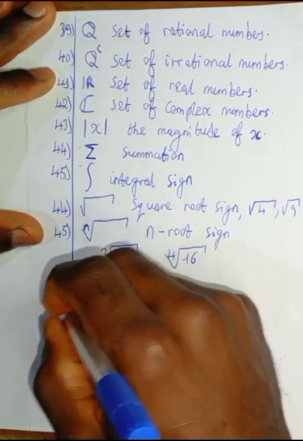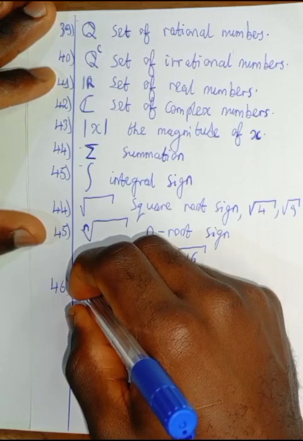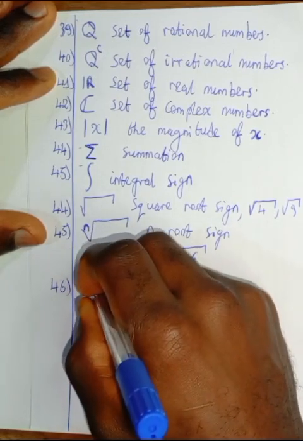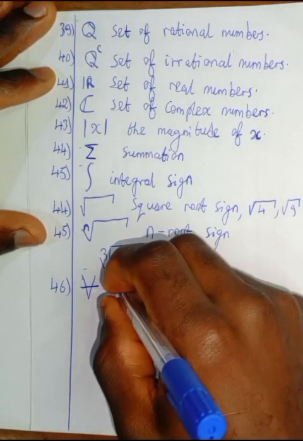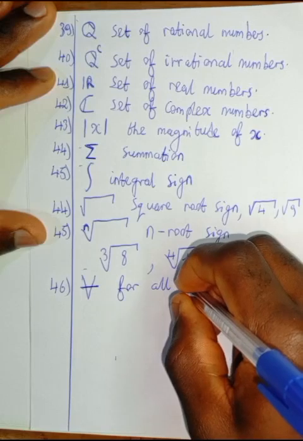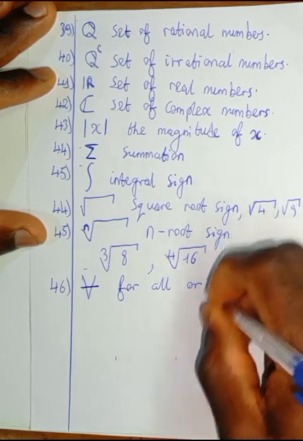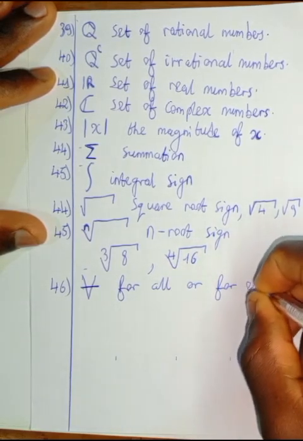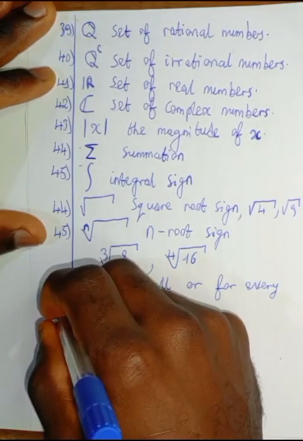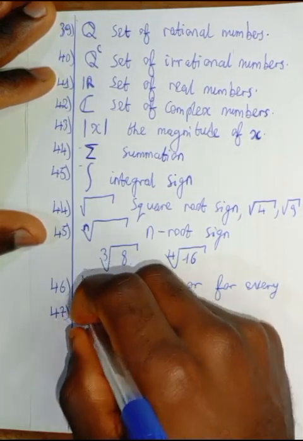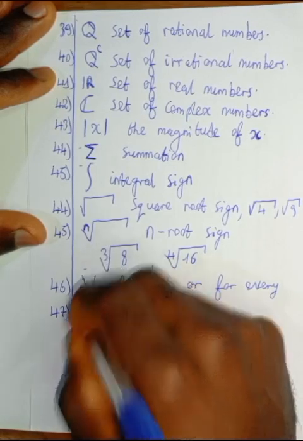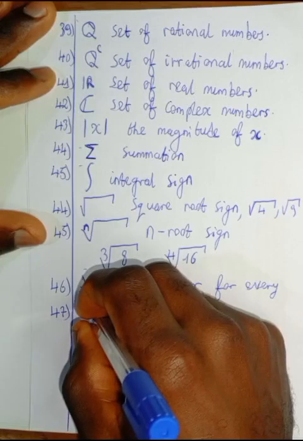We go to 48. We have this other symbol. It looks like a V with a horizontal line on it. It stands for all, which is the same as for every. We go to 49. We have this other symbol which looks like a capital E facing the left.